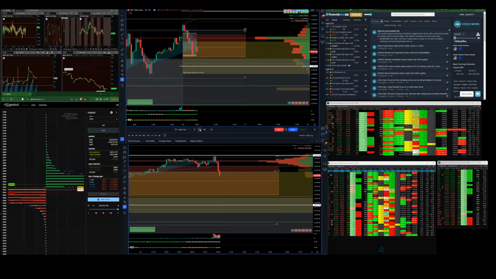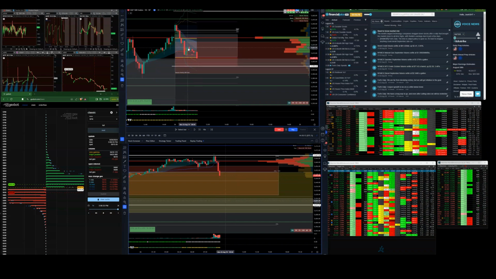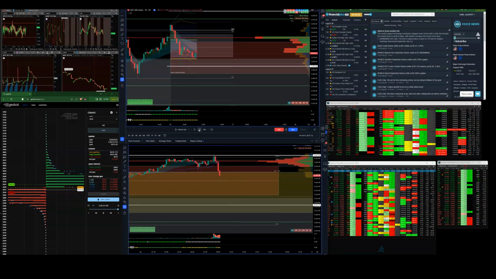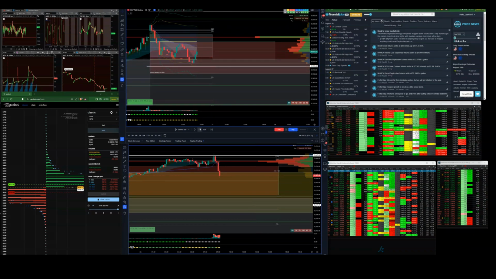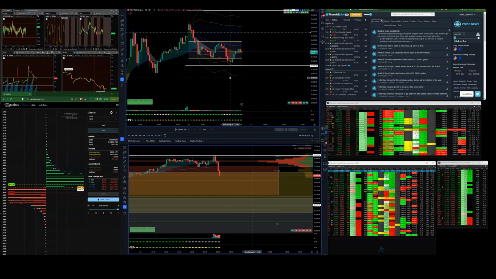Big drop, hits point of control, support resistance. Where does it go? To the point of control, right around 5,600. Cool, huh? It's like a magnet.